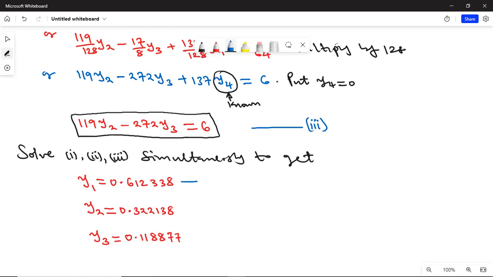So this value here is the value of y when x is 0.25. This other one is the value of y when x is 0.5. And this other one is the value of y when x is equal to 0.75. So that's how to use finite difference method to solve a boundary value problem.